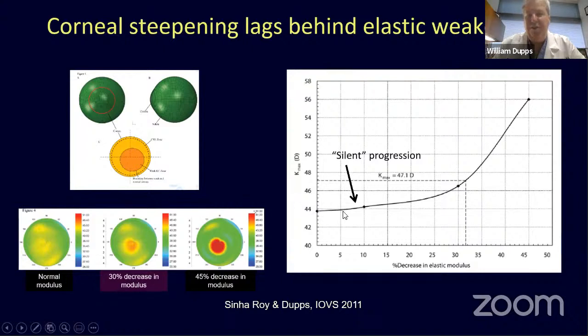And what we can see here is that there's a very slow increase in the apical curvature of the cornea until we get to pretty large amounts of weakening. So keratoconus doesn't start way up at the top, it's going to start down here. And so this period of silent progression is an opportunity for us to pick up biomechanical weakening maybe before we actually have visual consequences from the disease.